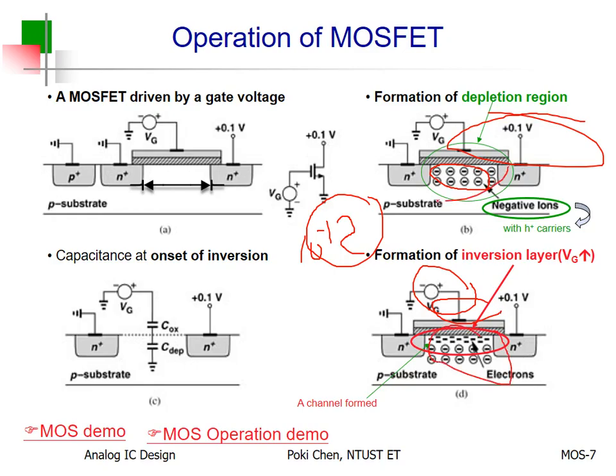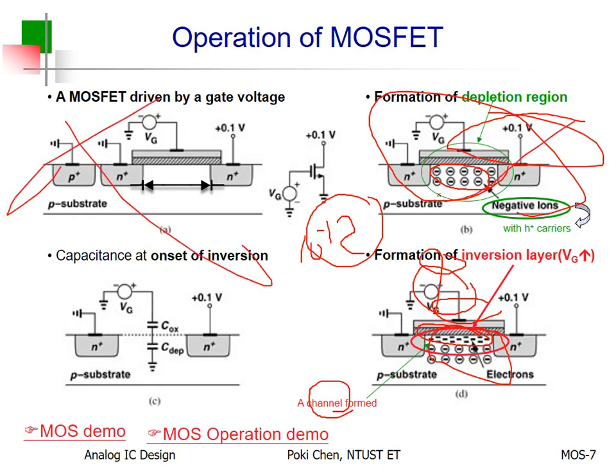But at this stage, we kill all the holes already, right? So the extra charge comes from applying even more voltage than threshold. Congratulations. Extra electrons will be stored in this region to make the channel. Finally, we have a channel.